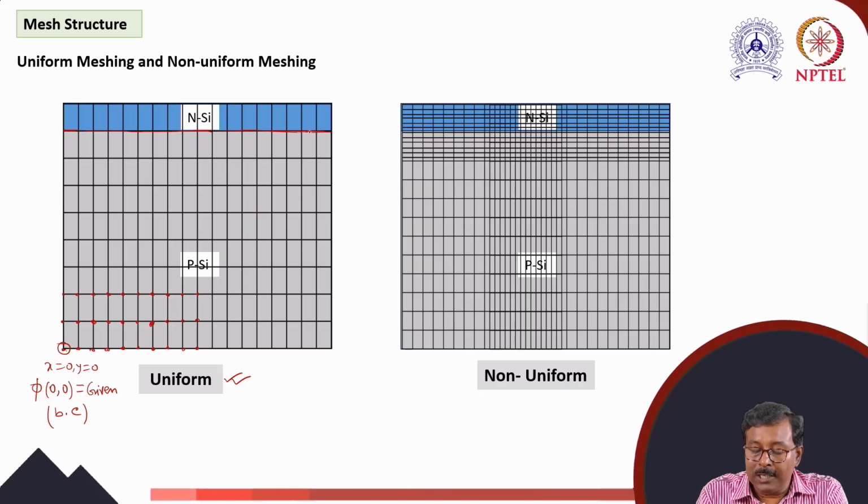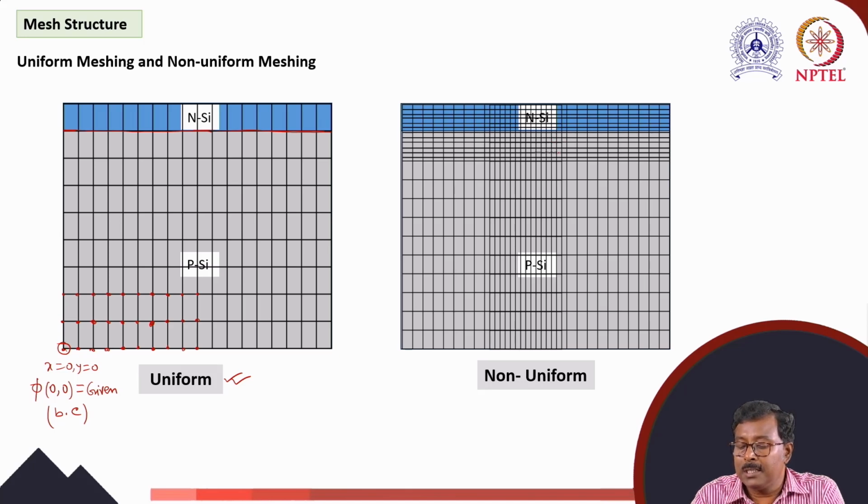The depletion layer will also form near the junction. So near the junction, we need more accurate calculation. In that case, we can increase the density of mesh near the junction by increasing the horizontal grid lines covering the junction, as well as by increasing the vertical lines in the middle portion.